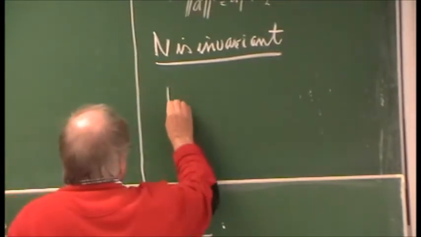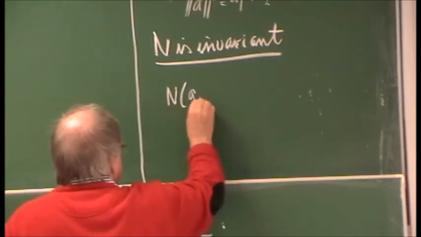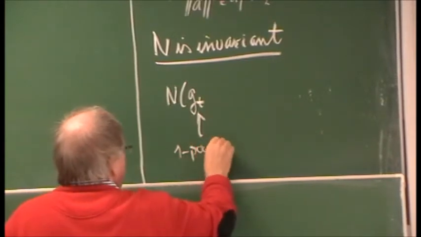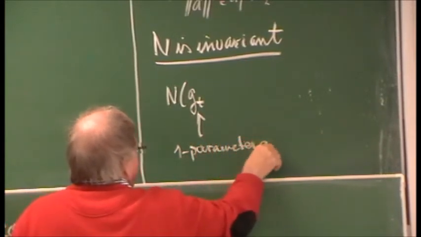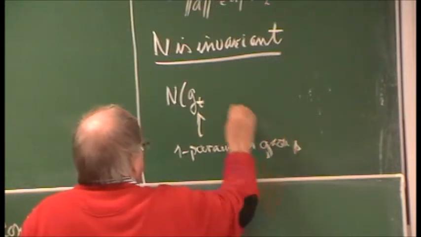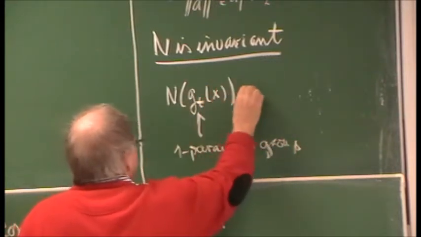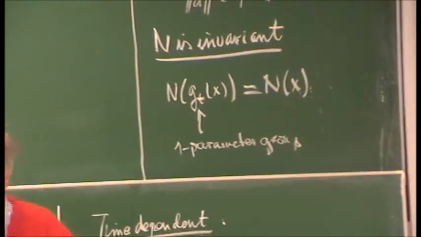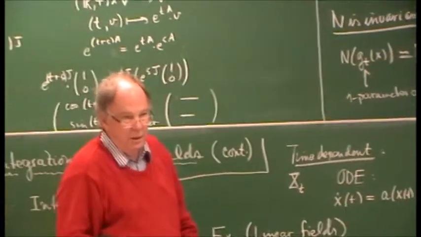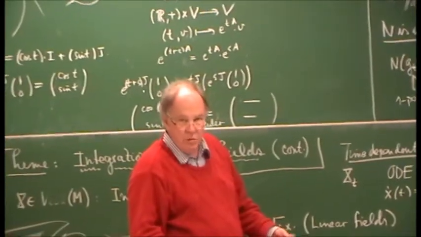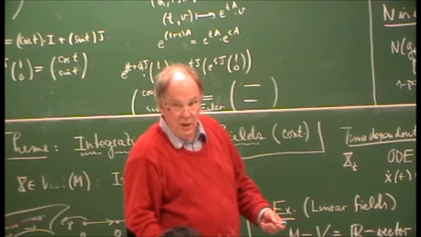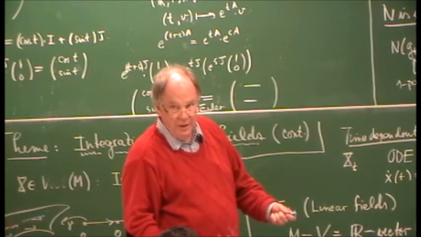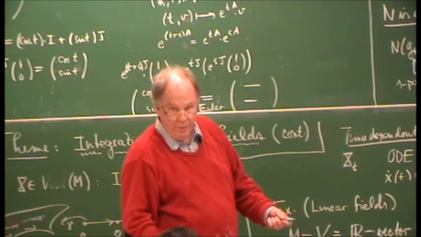It says if you take the action and apply something by this action, this is the action of the one parameter group, I'm writing this in general, apply it to something, the norm doesn't care. The norm is an invariant function. Well, in a nutshell, why is that true? The reason is that j is an isometry, or e to the j is an isometry of that norm.